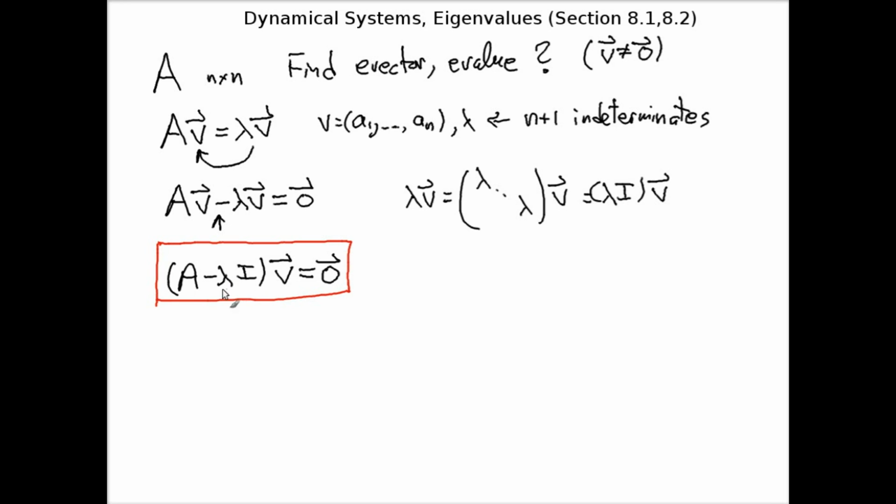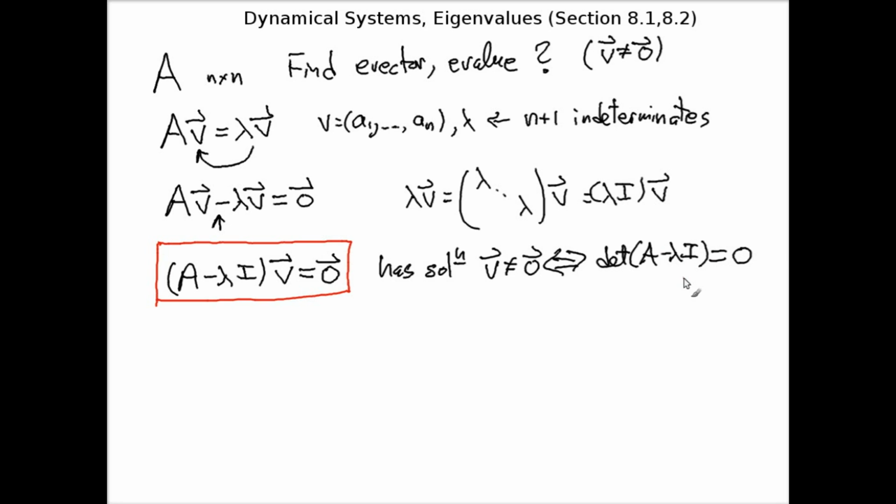Well, this matrix, A minus lambda times the identity, better be singular. This has a solution, V not equal to the 0 vector, if and only if the determinant of A minus lambda is 0. Right?